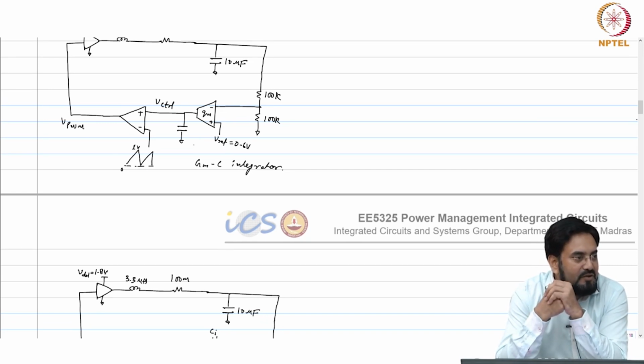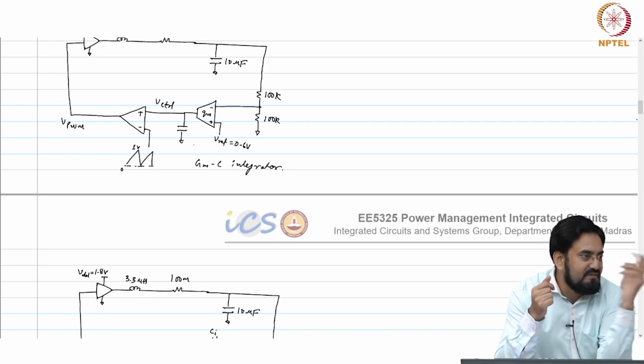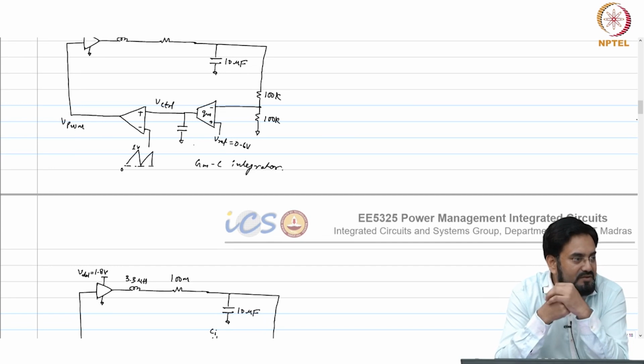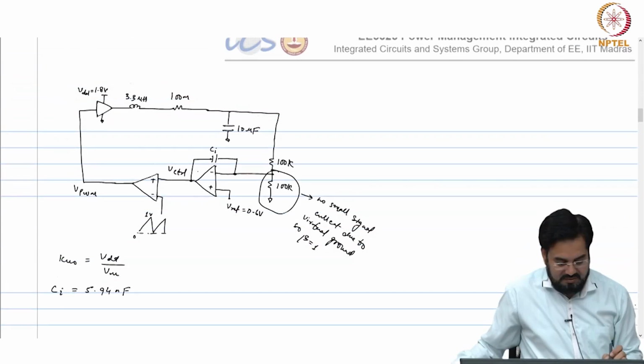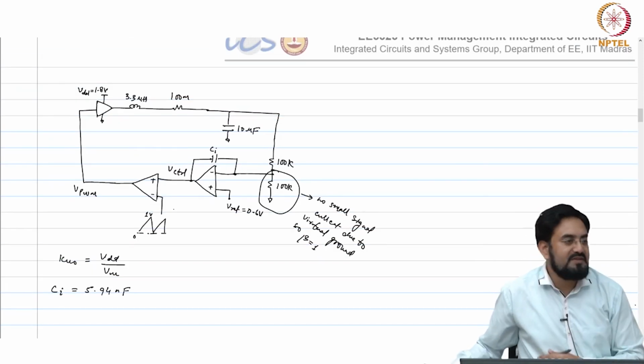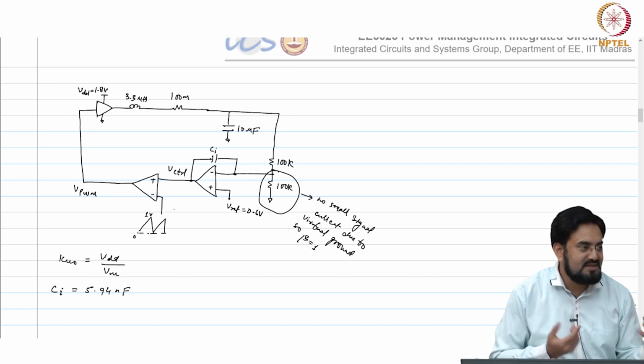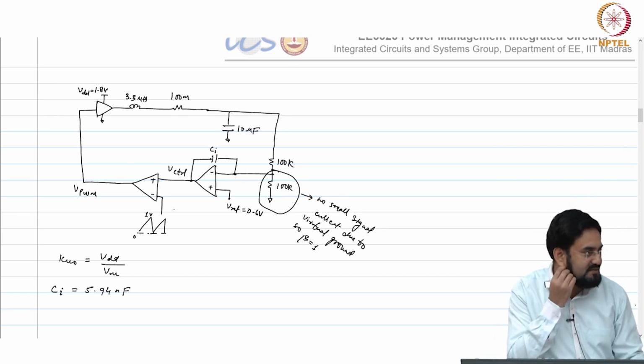If GM is very low, any mismatch in the current will get reflected into V in, and that V in will be large in that case because GM is very low. So, even a small current mismatch can introduce a large offset. That is why we prefer large GM, but you will not have that problem with the op amp RC if you use a very large R, because you are not changing the characteristic of the op amp, you are simply changing the R and C values, that is it.